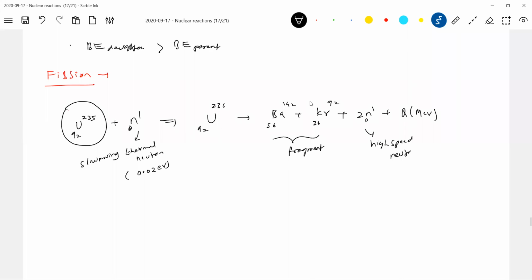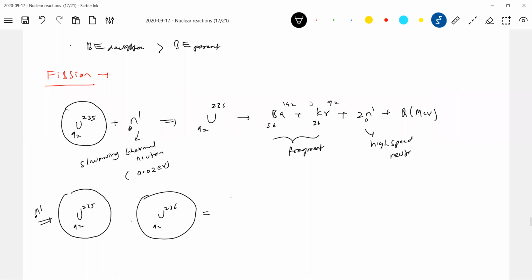Uranium 235 on its own will not undergo fission. When it captures a slow-moving thermal neutron, it will undergo fission. So what actually happens is, there's a uranium 235, and the moment it captures a neutron, it becomes uranium 236. Then the division will not occur suddenly.